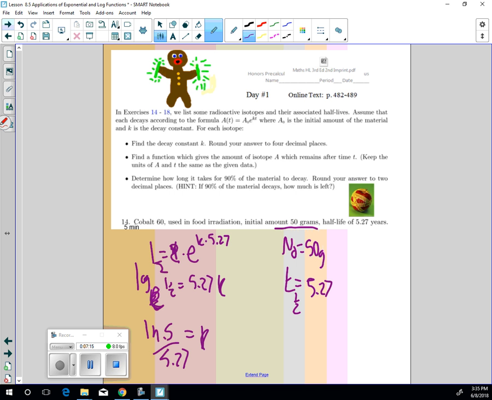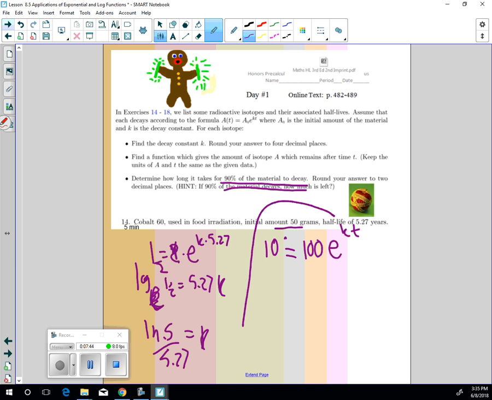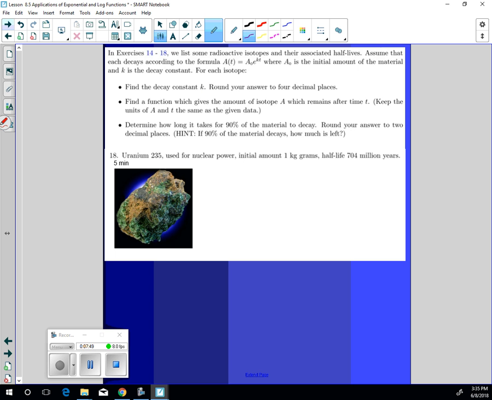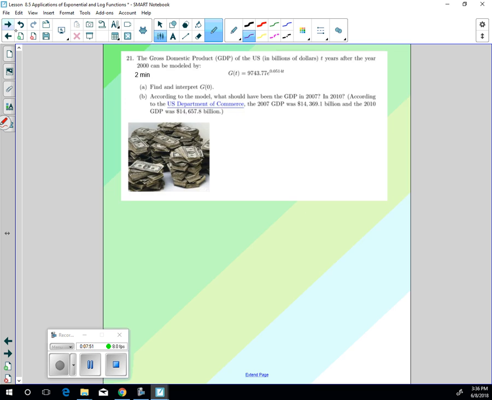And I just want to show you this one. When they say 90%, determine how long it takes 90% to disappear. So if we started with 100%, there's only 10% left. Okay, so you could see finding time here if k was whatever that was that we had, and you just solve for t. Good stuff.